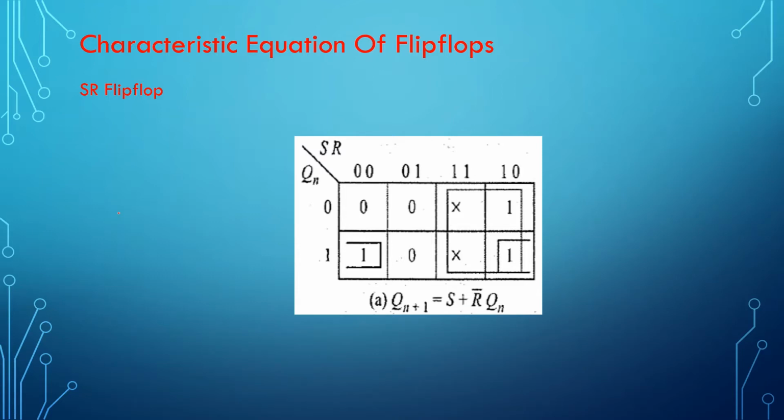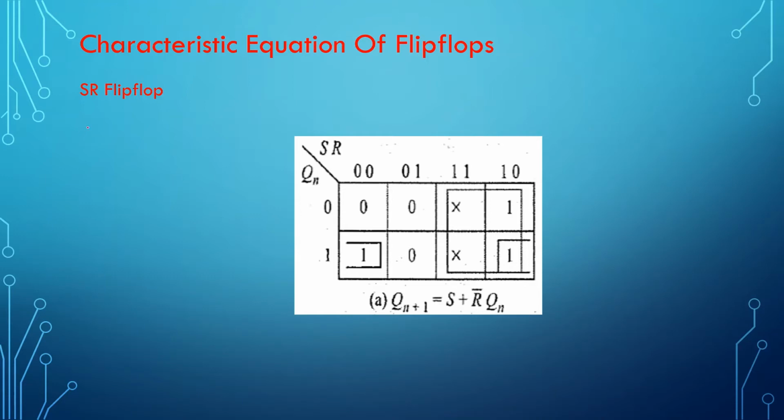of the flip-flop. We will start with the very basic flip-flop we studied in the initial part of this module, that is the SR flip-flop, or set reset flip-flop. I'll go with the assumption that we are all familiar with writing the truth table of this SR flip-flop.